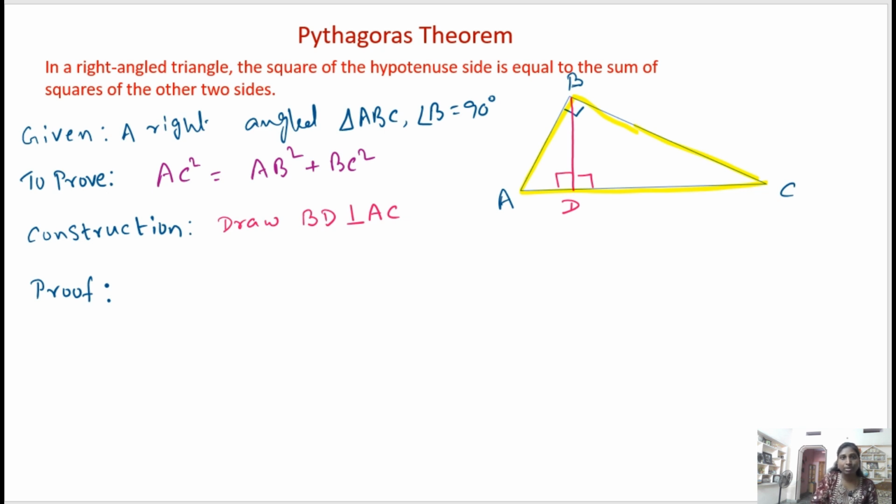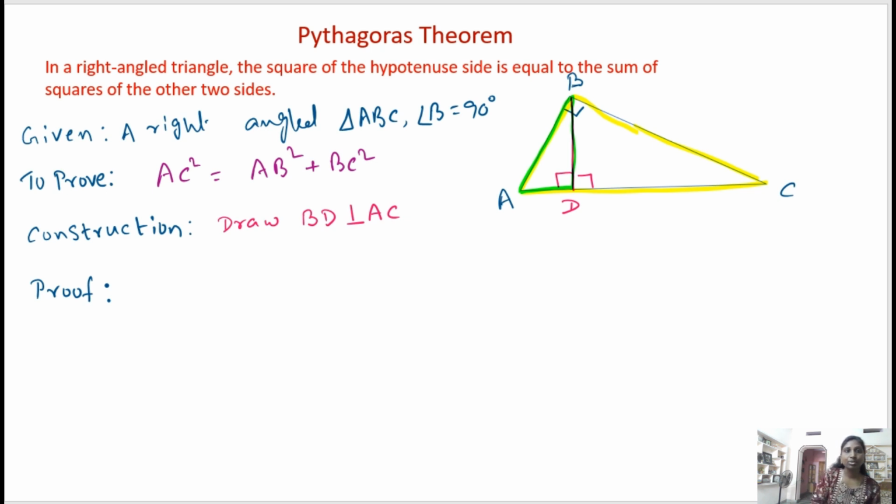Now we will choose one more triangle, the left side small triangle ADB. In triangle ADB, angle D is 90. So we will prove that this yellow triangle and green triangle, these two triangles, are similar to each other.